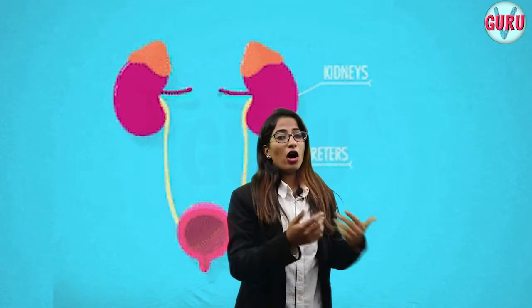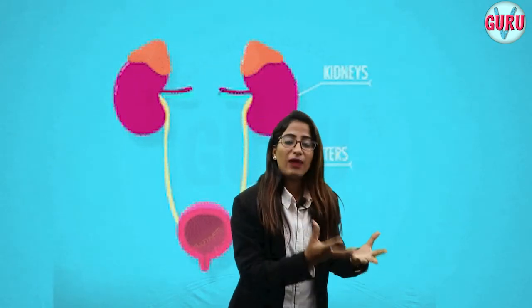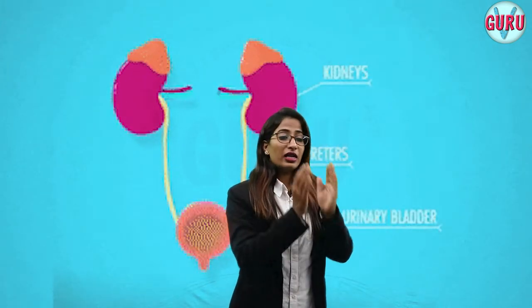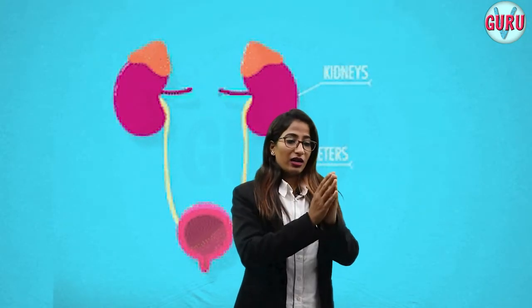The urethra is surrounded by rings of muscles or sphincters. The upper and lower sphincters have different functions. When the urine passes into the urinary bladder, the bladder expands and stretches. This stretching triggers a reflex reaction and releases the upper sphincter. But the lower sphincter is still contracted, so the opening is still closed.